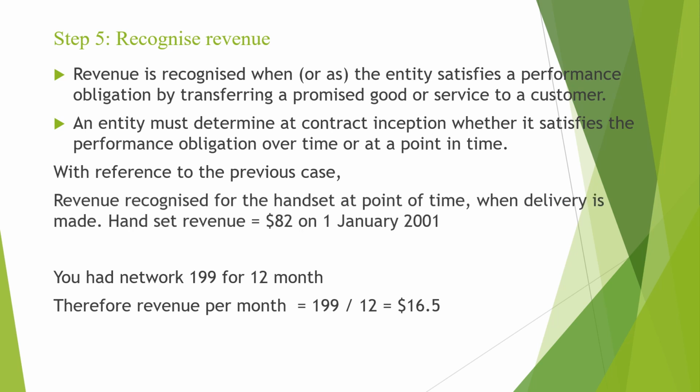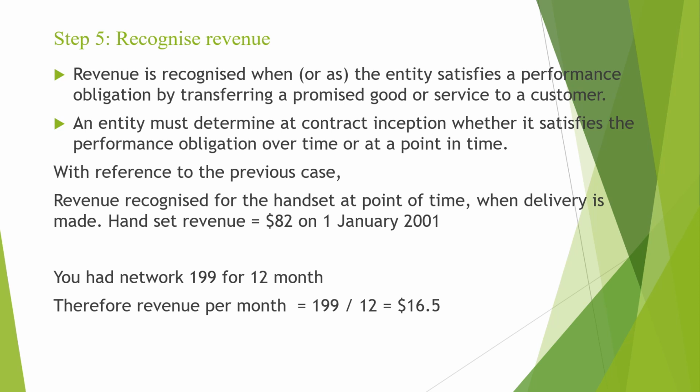Okay. Now, the revenue recognized for the handset will be at a point of time. The performance obligation is completed when you deliver the handset. So you will recognize the revenue related to the handset as soon as the handset is delivered to the customer. Okay. So $82 will be recognized on 1st January 2001 itself.